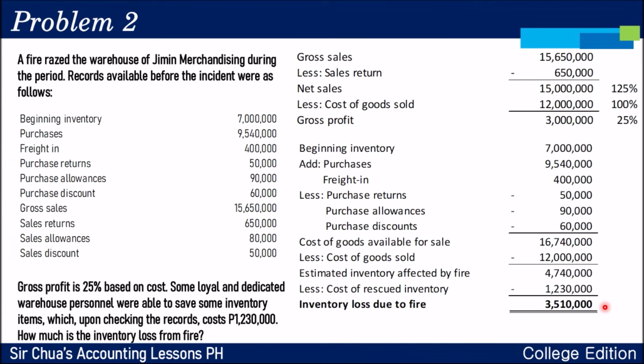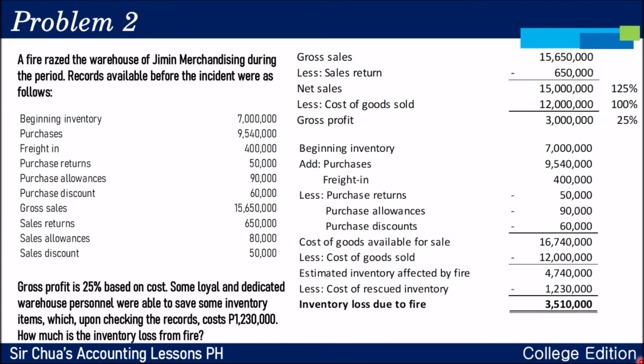Ganitong procedure po yon. Ang halaga ng nasirang ari-arian sa baha o ang halaga ng natupok ng apoy ay ganitong halaga. So, yung mga nababalita po natin ay mabilis na aksyon ng mga accountant po yon. Okay? So, yan po yung pinapresent sa ating mga news report. Okay? The inventory loss due to fire is 3,510,000. Okay, yun lang po.